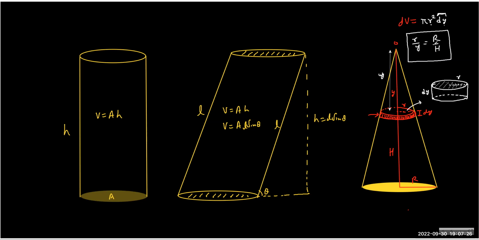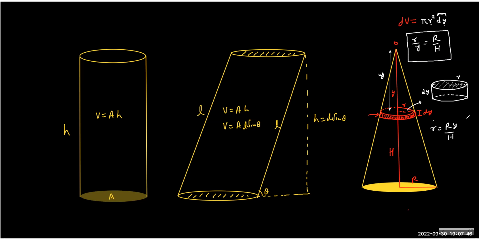So every definite shape will have a definite relationship between the variables. Definitely as y grows, r will grow, and that can be derived easily using a similar triangle. So we have r equals capital R times y by capital H.